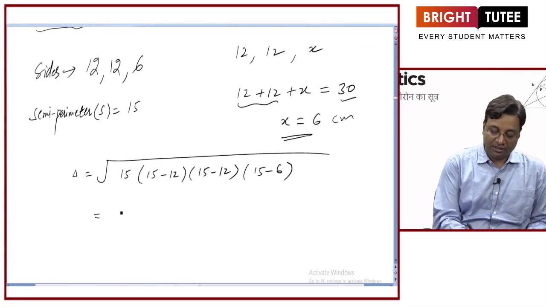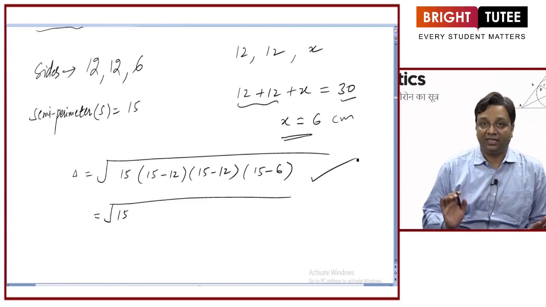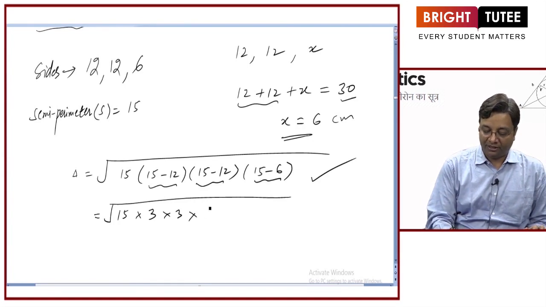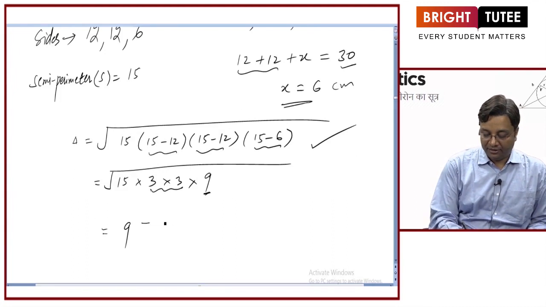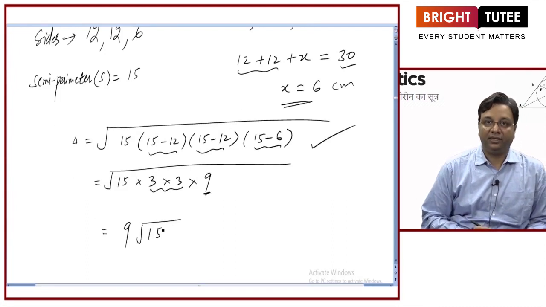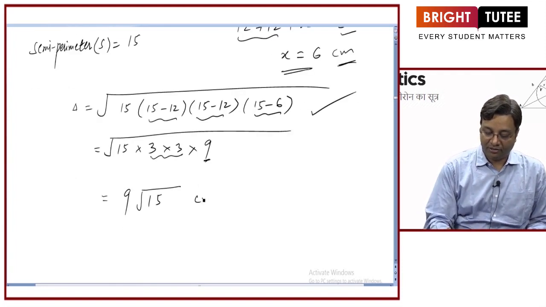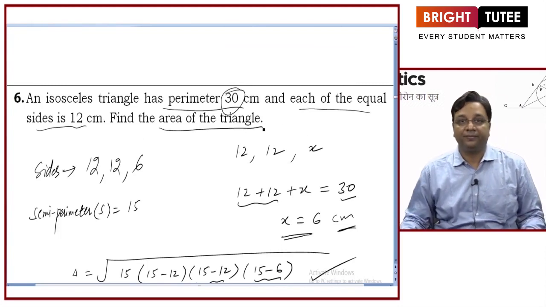So, it is equal to 15 into 3, after this the calculation part is left, and 15 minus 6 is 9. So, this is 3 into 3 is 9, there is another 9. So, 9 can be taken outside and square root 15 will remain inside. So, 9 root 15 centimeter square is the area of this triangle.